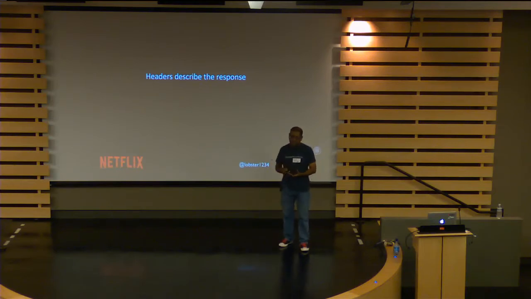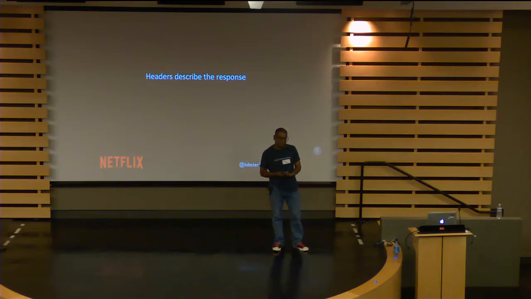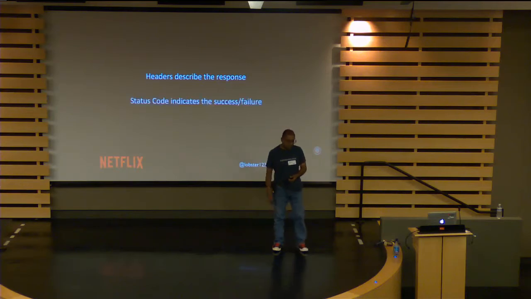The first thing that comes out of an HTTP response is the header, and the header describes the response. It tells the client how to interpret the response. Do I need to unzip this response? Or do I need to store a cookie or something like that, which is available in the response?